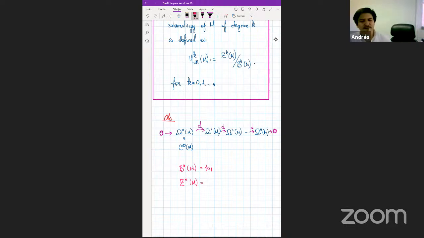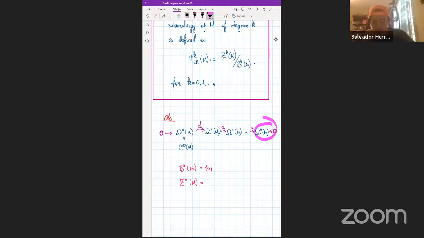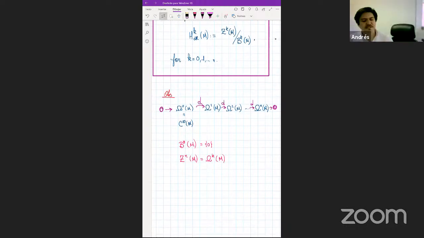What is the kernel there? The whole thing. Yeah. So these are the two subspaces that are easily computed for any manifold, right?